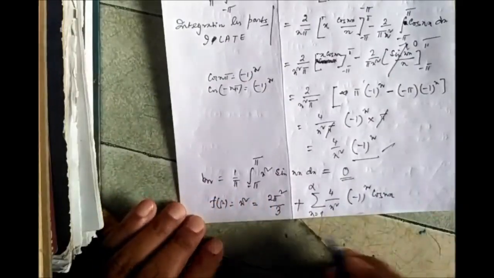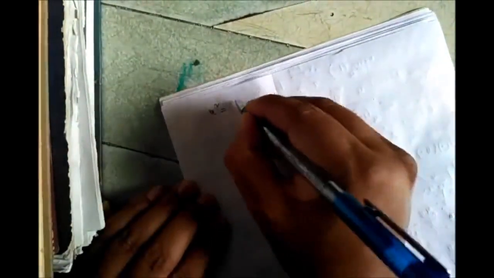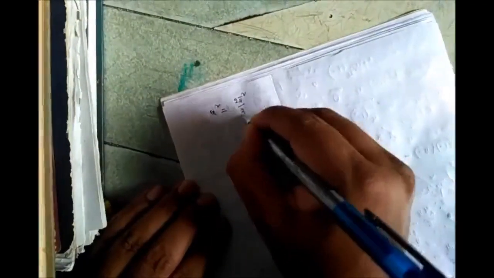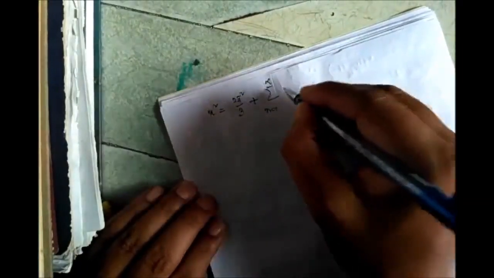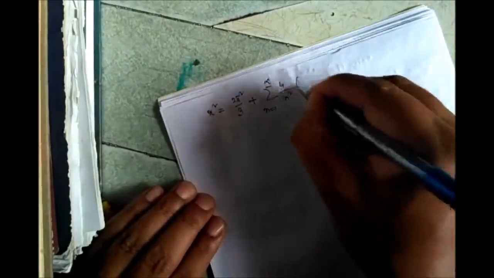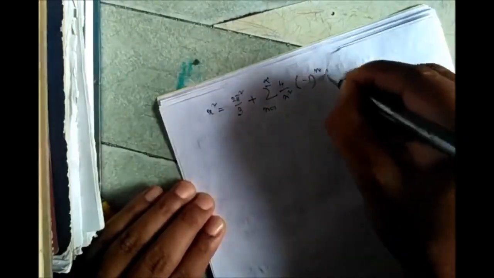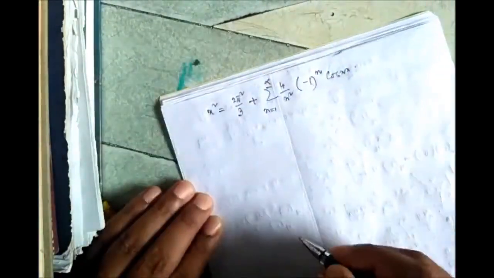This is the form of x square. It's a special case, so x square gives ultimately 2 pi square by 3 plus sum from 1 to infinity of 4 by n square minus 1 to the power n cos nx.